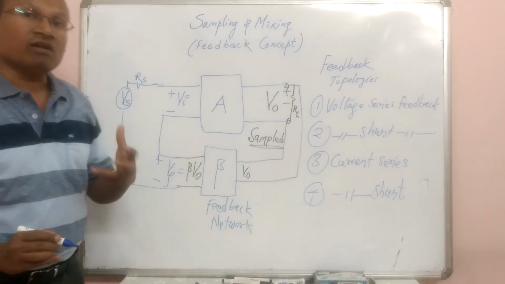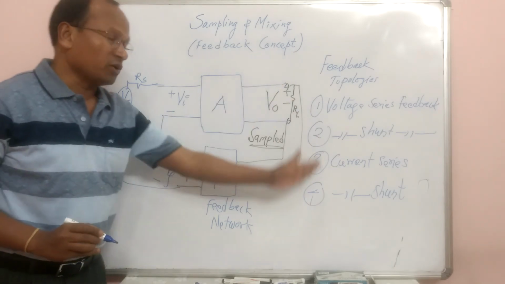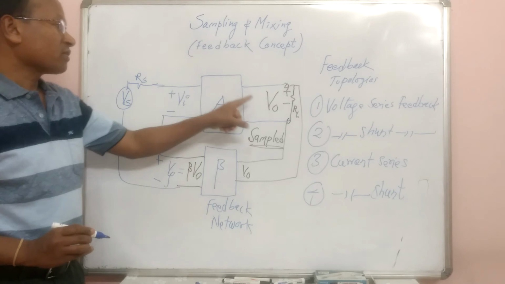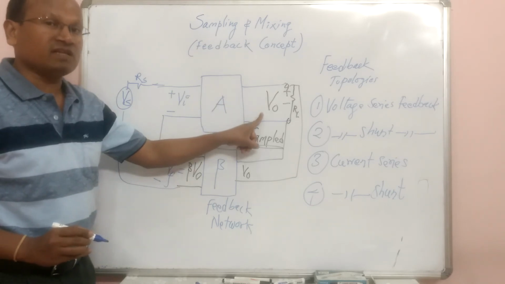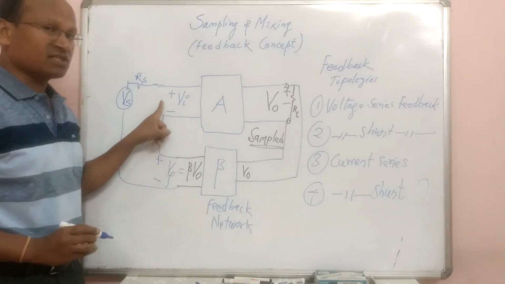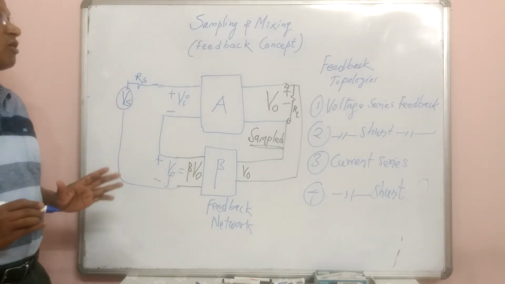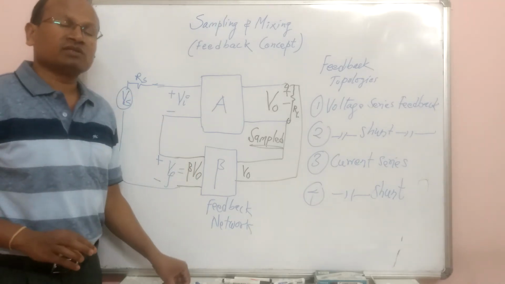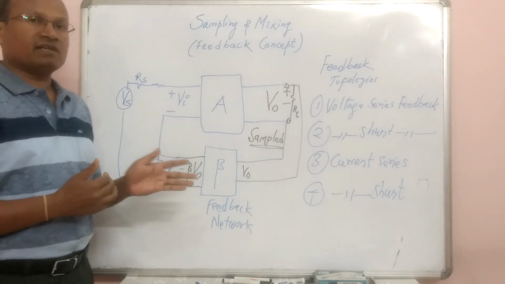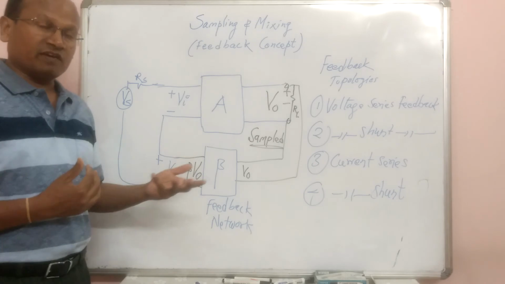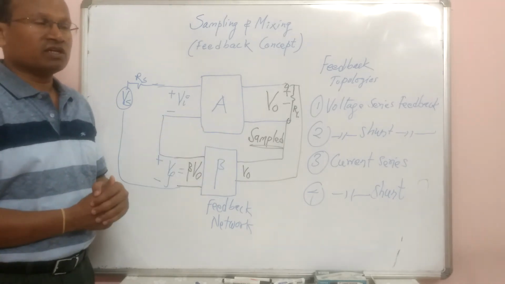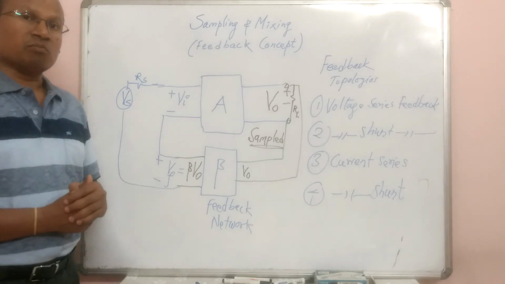This is how we can classify the different topologies, different types of feedback amplifiers, on the basis of what type of signal is being sampled and in which manner the feedback signal is mixed with the input. So this topic talks about sampling, the process by which output is sent to the feedback network, and how the feedback component is mixed with the input, which we call mixing.